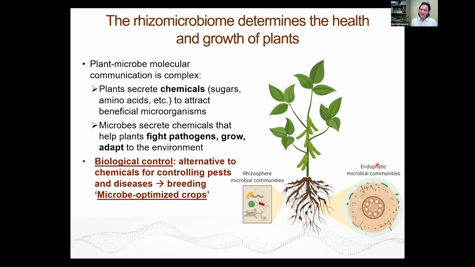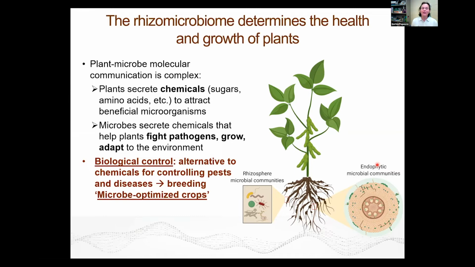So this research that has been going on rhizome microbiome is at the basis of the so-called biological control. It's an alternative way to control pathogens and diseases, and at the basis of the so-called microbe-optimized crops. So breeding microbe-optimized crops.